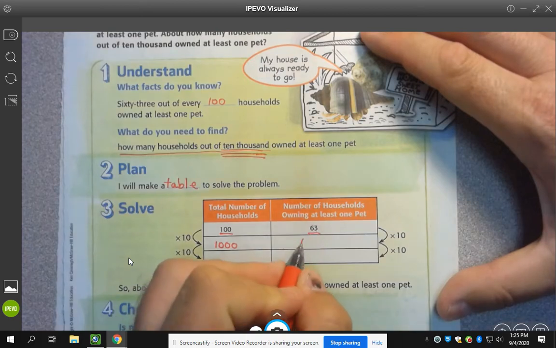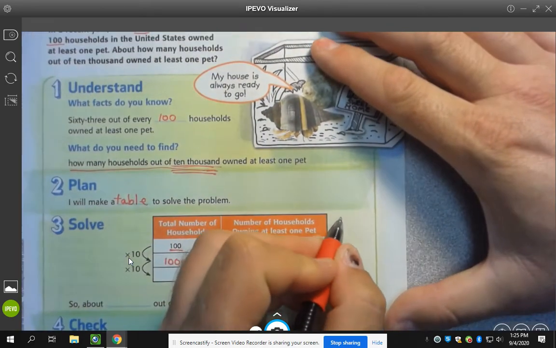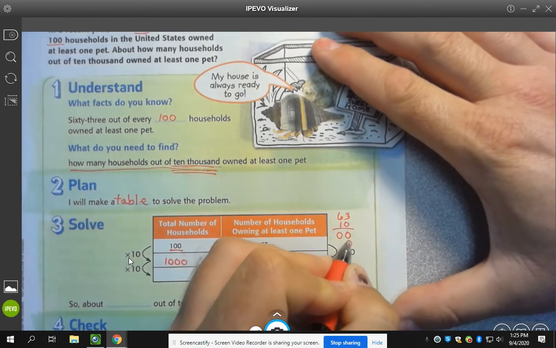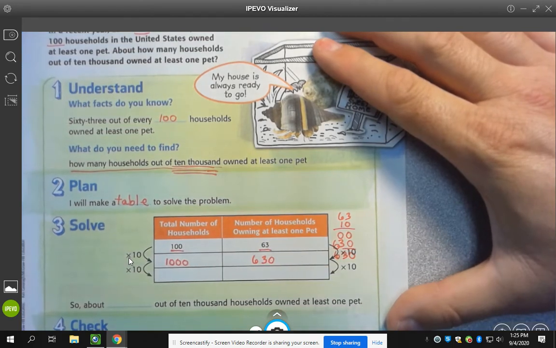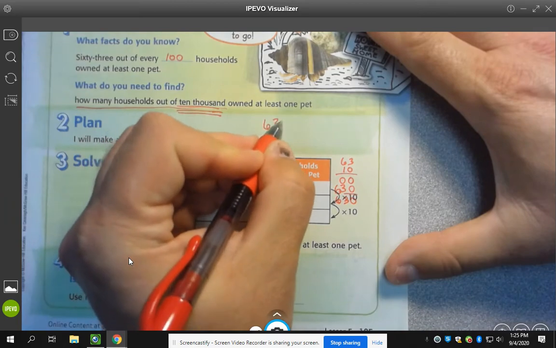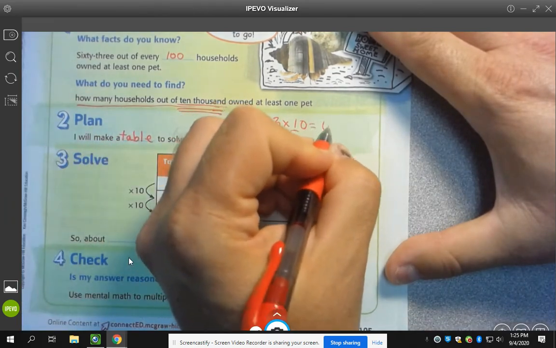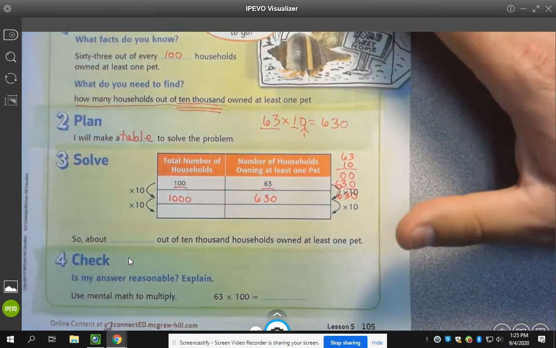Add a 0, 630. Because if we did 63 times 10, it's going to give us 630. Or, like we did yesterday, 63 times 1 equals 63, and then we have the 0. That's how we get that.